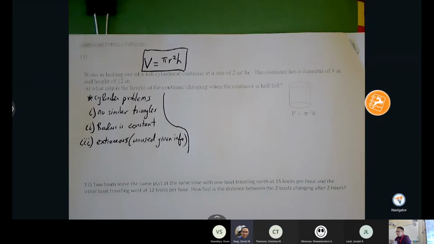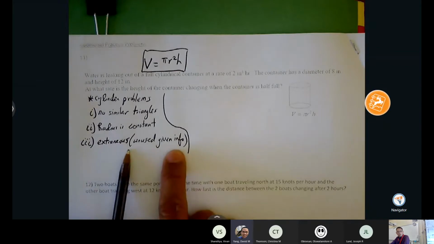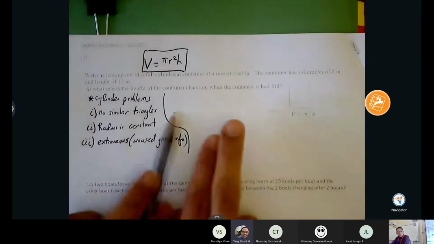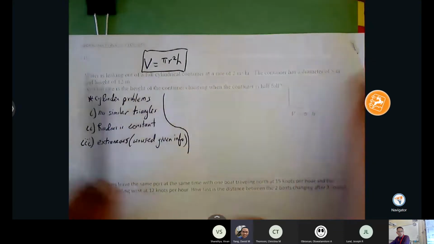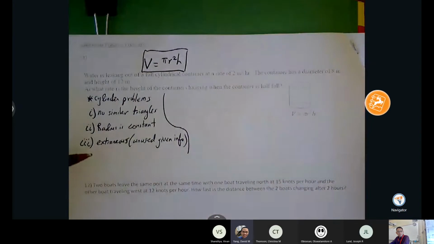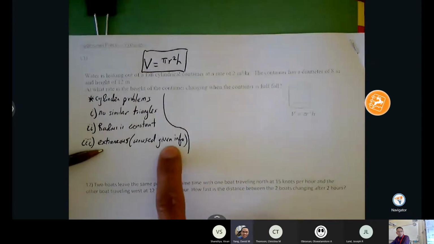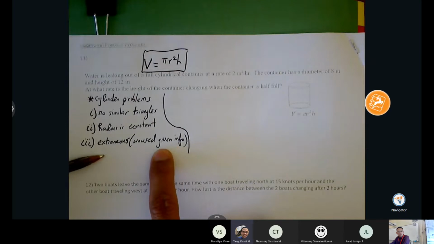And the danger is sometimes we want to involve those values in our problem, and we think we're doing something wrong because we're not using everything that the problem gives us. So just be careful about that. Sometimes that happens to come up more so on these cylinder problems.